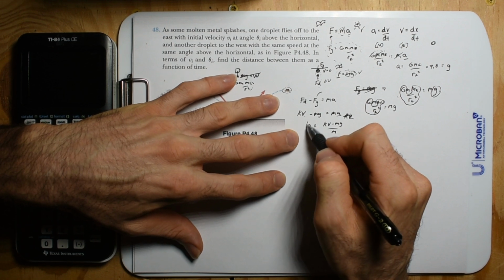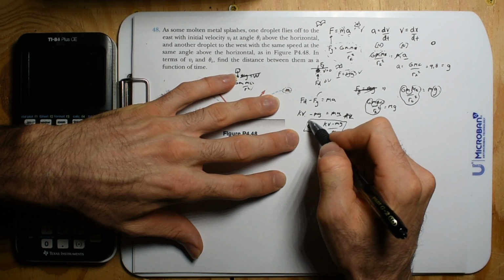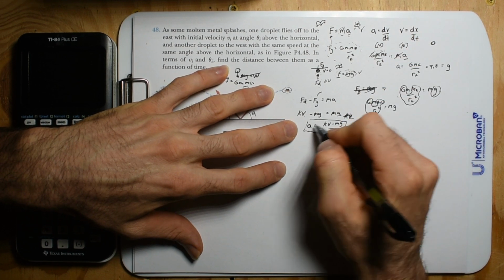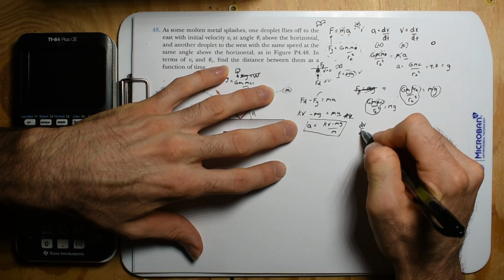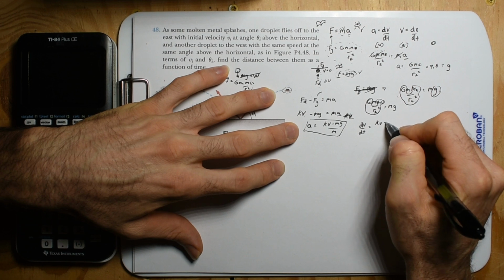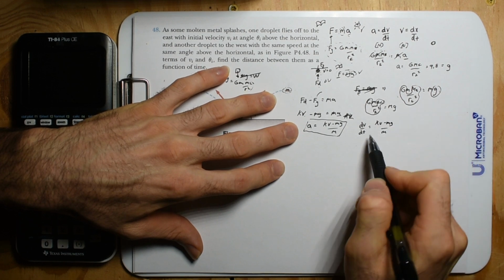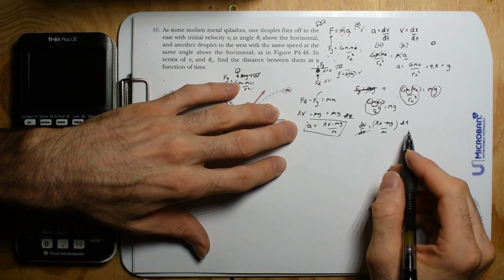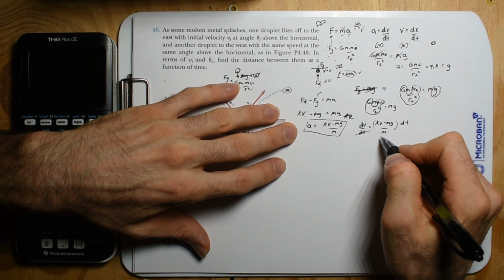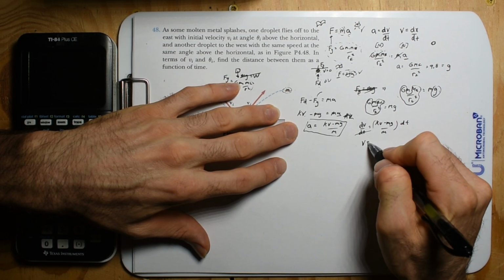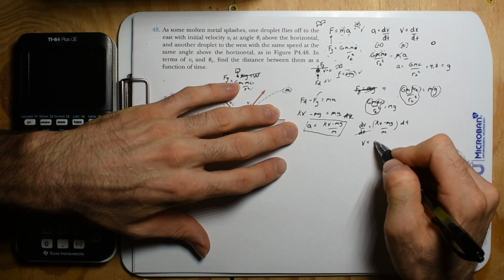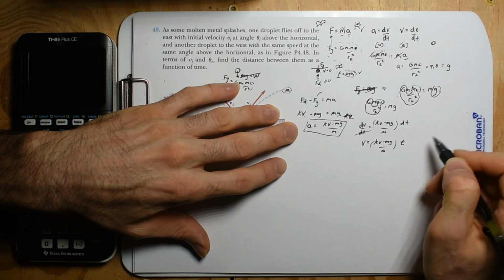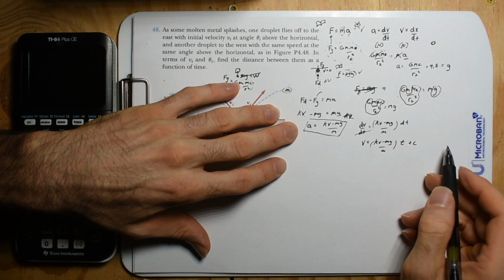We literally have an equation for acceleration, and that's when we go stick in our differential equation. We say acceleration by definition is dv/dt. That's equal to (kv minus mg) over m. And now I separate variables, so let's get this dt over here. And literally, if I just wanted velocity as a function of time, it would just be (kv minus mg) over m, and then we would have a t right here, plus a constant.